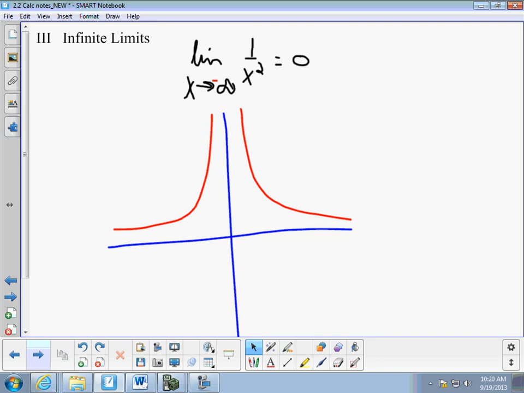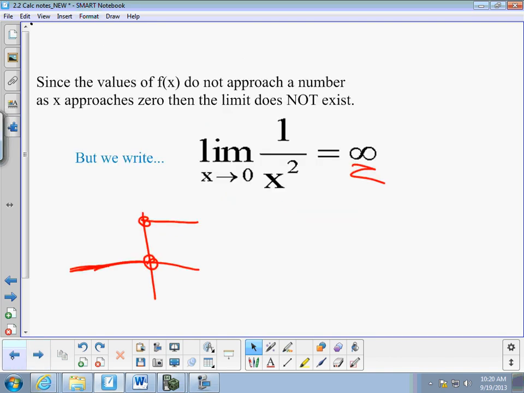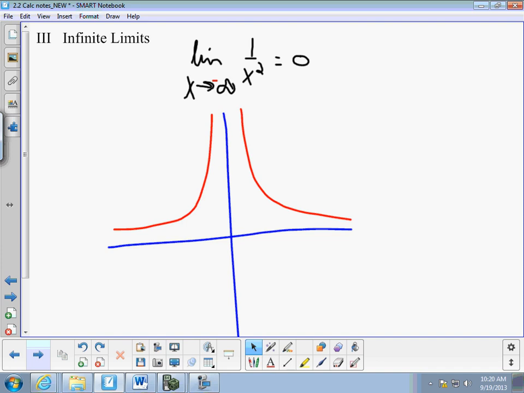Now look at the change. If I did this, the limit of 1 over x squared as x approaches infinity, that limit exists. As I go to infinity on this thing, I'm getting closer and closer and closer to 0. That limit exists.